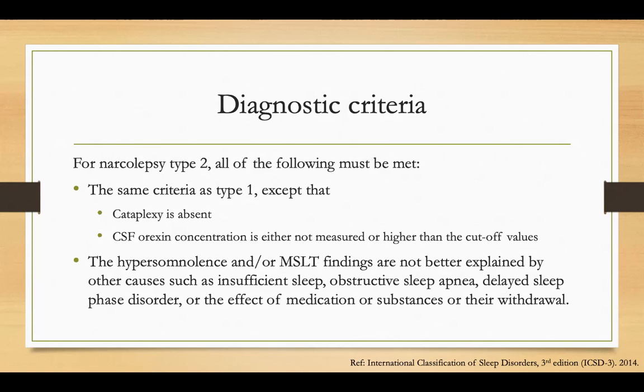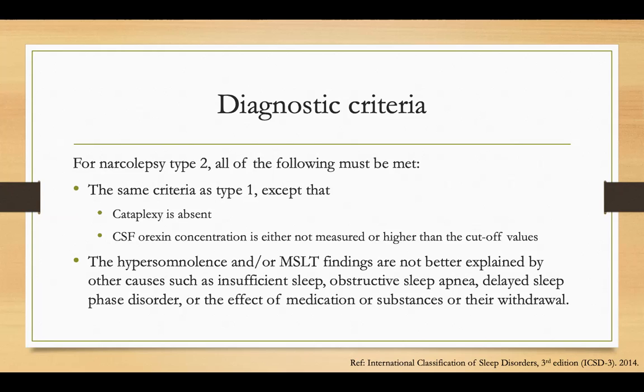For narcolepsy type 2, all of the following must be met. The first compartment is basically the same as type 1, except that cataplexy is absent and CSF orexin concentration is either not measured or higher than the cutoff values.